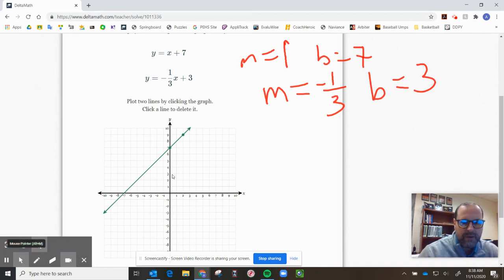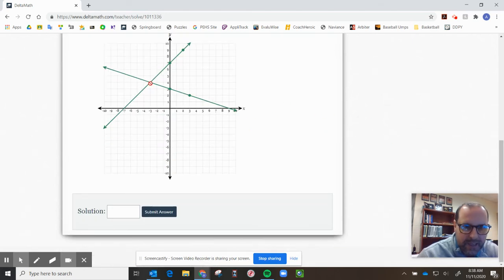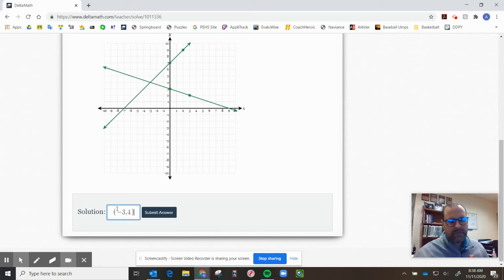So I go down from where I was at 7 to 3, and then my slope is rise over run, down 1, right 1, 2, 3. It does the work for you. And I can see right here where they intersect. Don't double click the line, it deletes it. They intersect at x equals -3, and up 1, 2, 3, 4. So that's what I'm going to put in for my solution, (-3, 4).